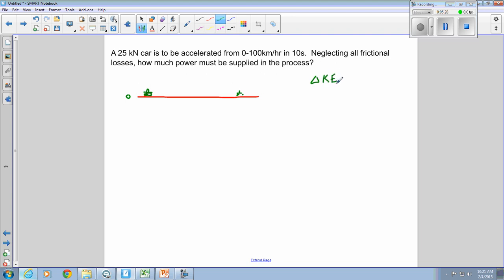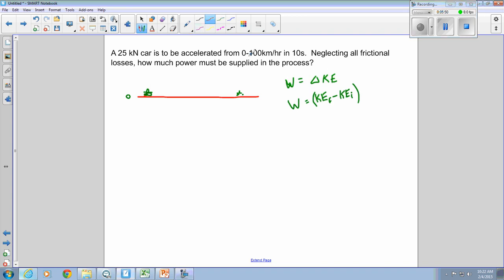Change in kinetic energy can be found because we know it's going from 0 to 100. So work is the change in kinetic energy, kinetic energy final minus kinetic energy initial.